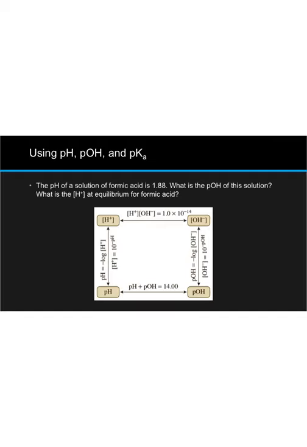For example, in dealing with these logarithms, we can think about a solution of an acid like formic acid, which has a pH of 1.88. We can calculate the pOH of this formic acid solution, and we can calculate the concentration of H plus cations. In addition, we'll also calculate the concentration of OH minus ions, all in this solution.